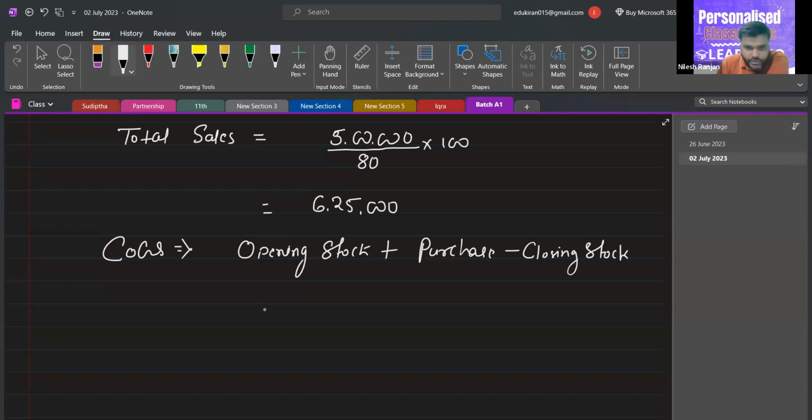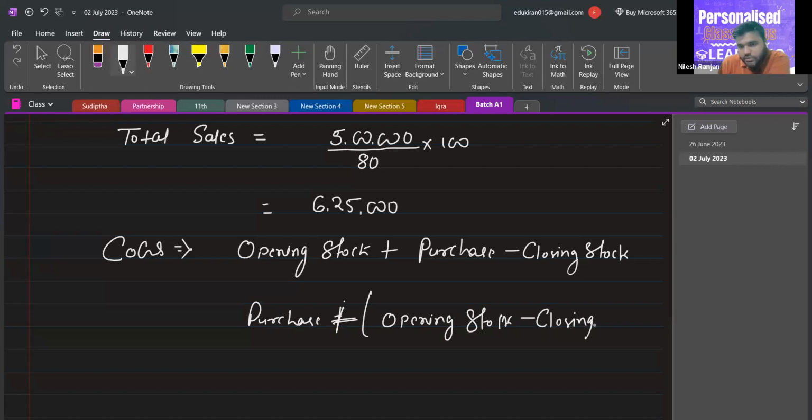If we remove purchase from here, it is opening stock minus closing stock. But the question is saying that closing stock is more than opening stock, so it will result in a negative. Purchase is 4 lakh in the question, and actually no, not plus, it will be minus 25,000.